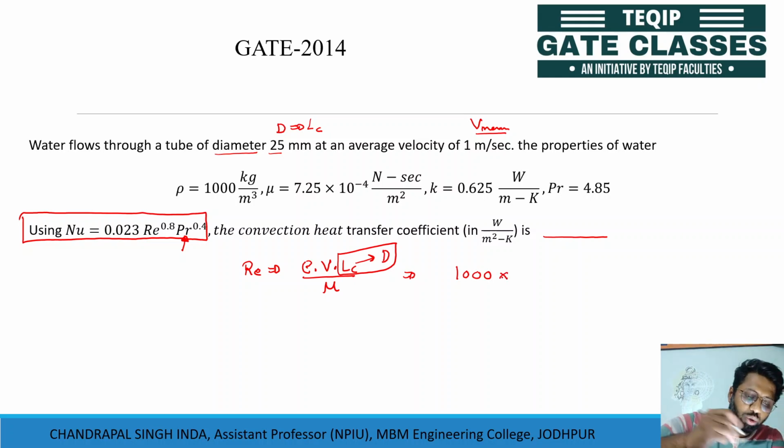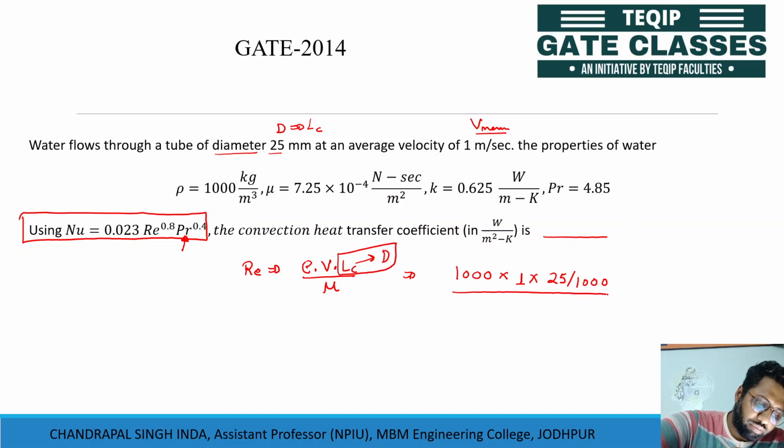We have to put all the values in SI units. The velocity is 1 meter per second, multiplied by the characteristic length, the diameter, 25 mm, so we divide by 1000, and divide by mu. The value of mu is 7.25 times 10 to the power minus 4. So let's find what we get.